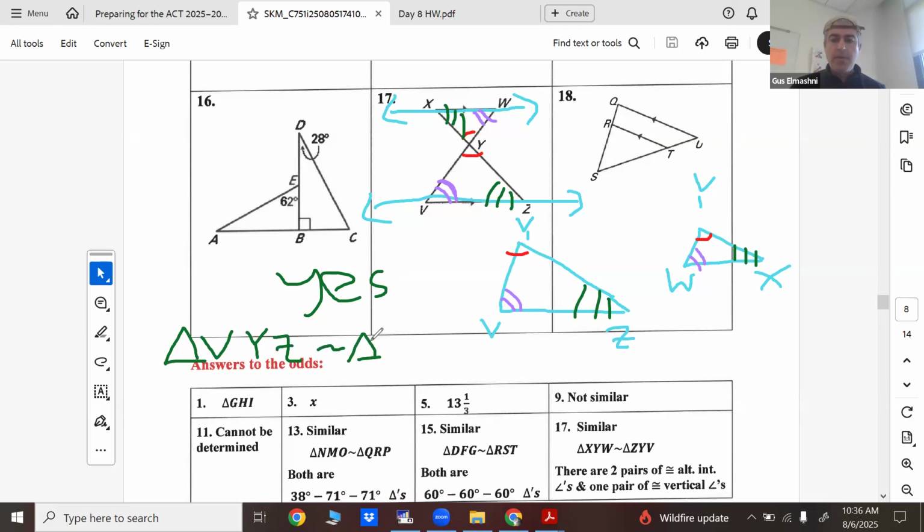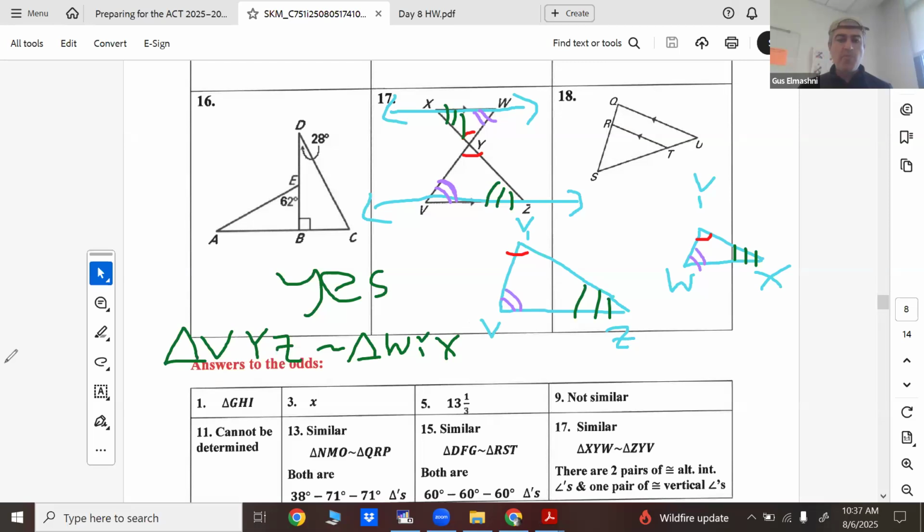The triangle WYX. All is good? All right.